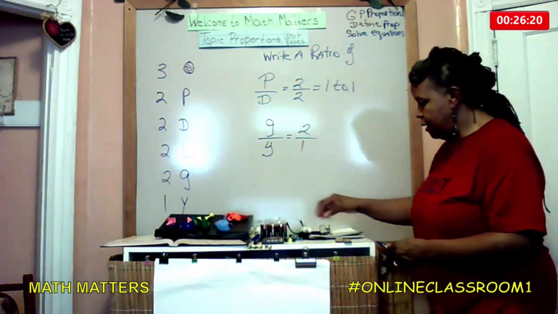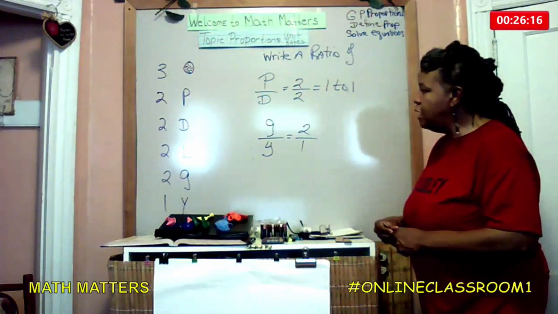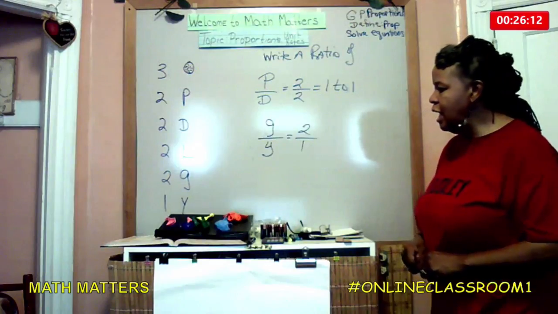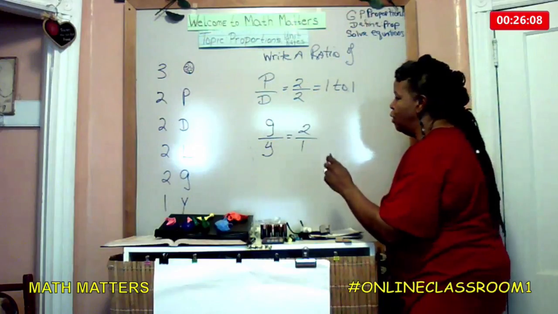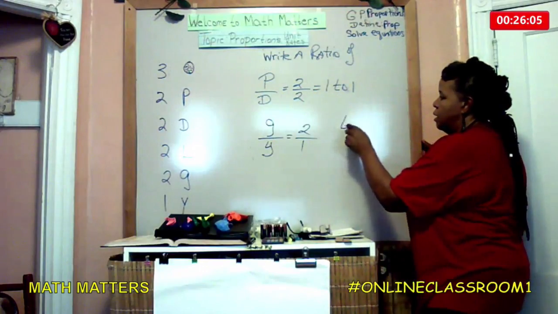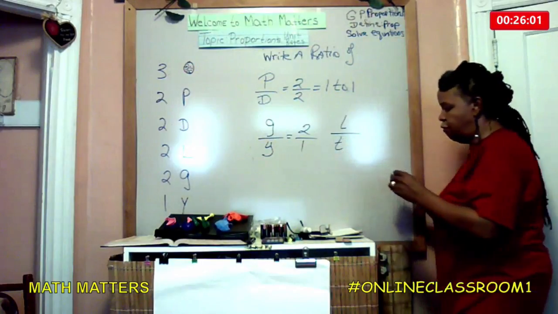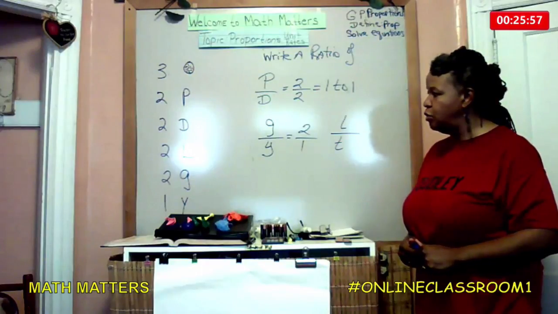And I think I want to kind of determine what would it look like if I had a light blue to the total number of balloons. Light blue to total number of balloons.